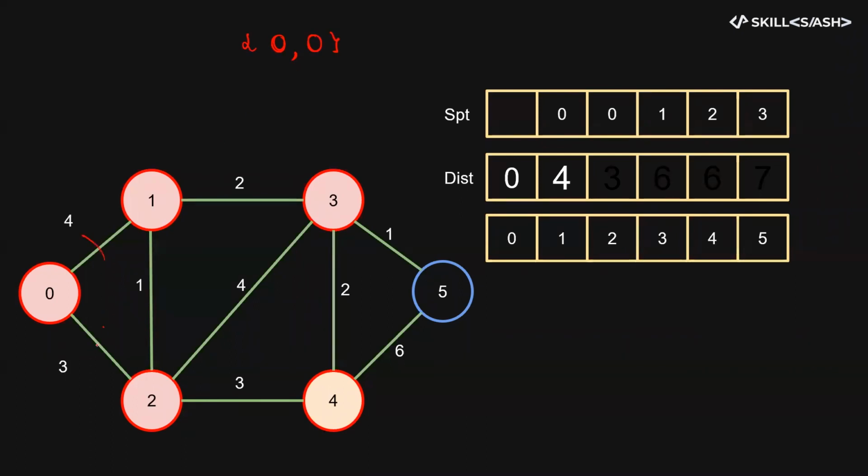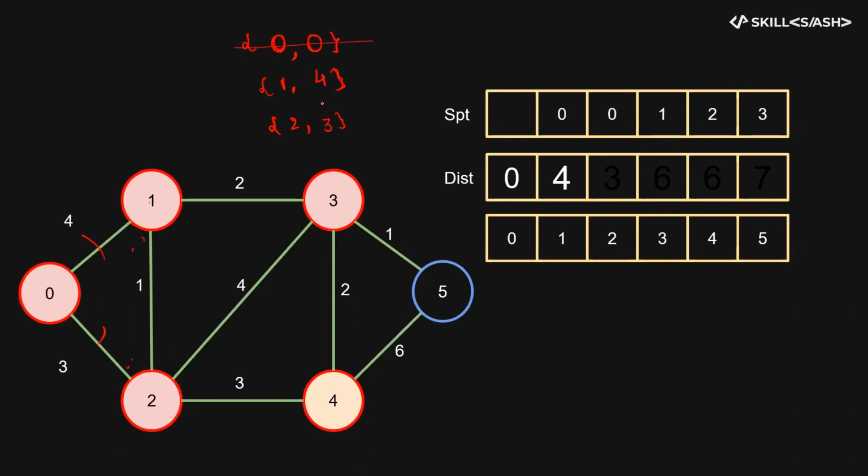Now once I iterate over both the children, what I'll add into the heap is the definition of a node, or the index of the node, 1 and the index of the node 2, and they both can be reachable from the source in how much distance? 1 can be reachable with 4 and 2 can be reachable with 3. That's it. Now I'll remove this node from the heap.